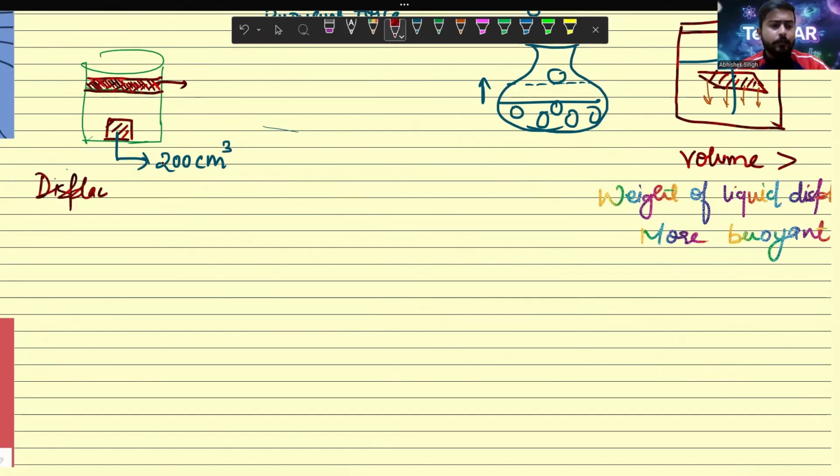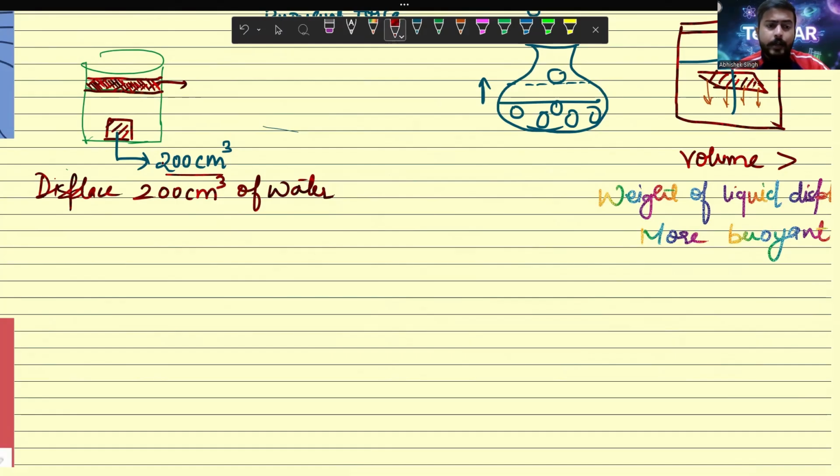What is its volume? 200 centimeter cube. So it will displace a volume of water equal to its own volume. It will displace 200 centimeter cube of water.